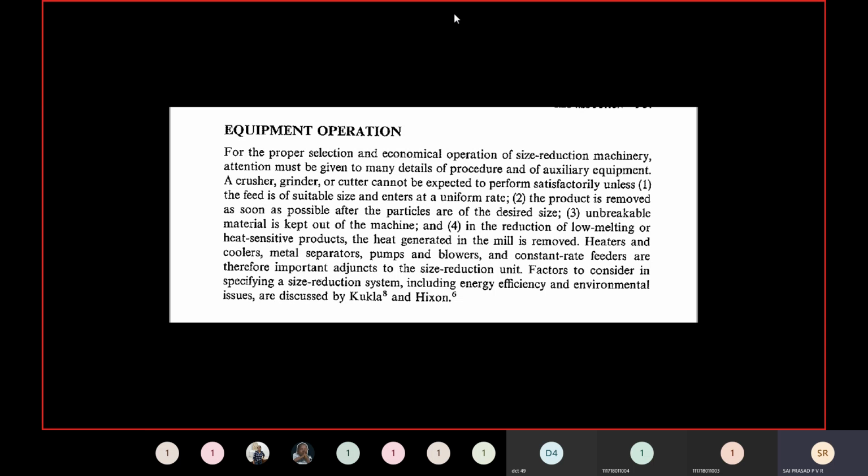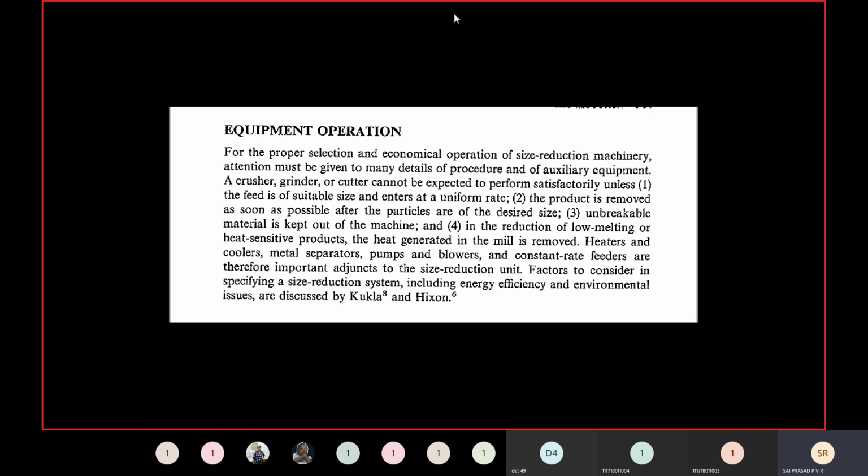In that also we are supposed to predict the power by conducting the experiment and using the 3 empirical laws, and then compare it with the actual power consumption, and then we can give it to him. So the economical concept will come only when the power consumption is established. We should see that the given machine consumes less power and is able to perform the task in a stipulated amount of time, and the product obtained has a good concentration of our sizes.